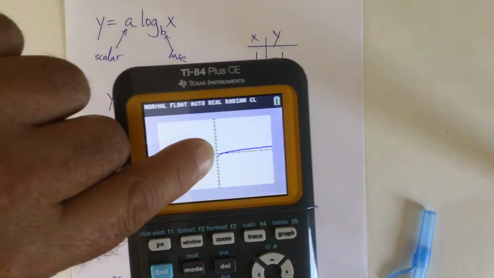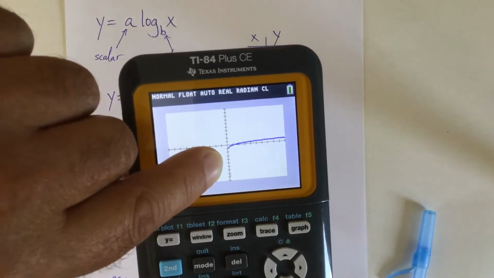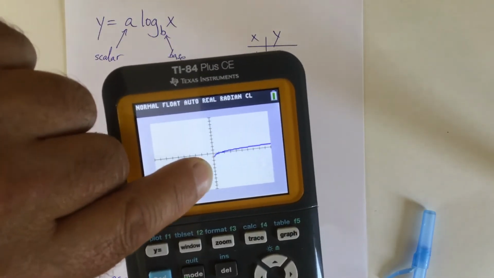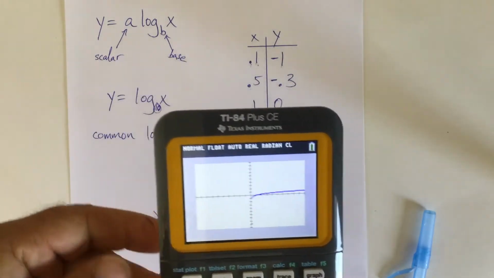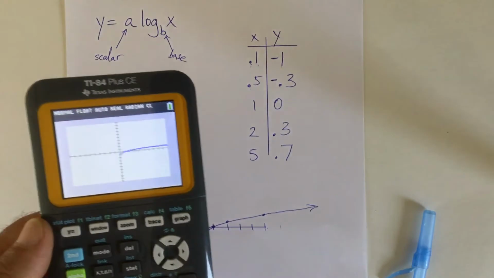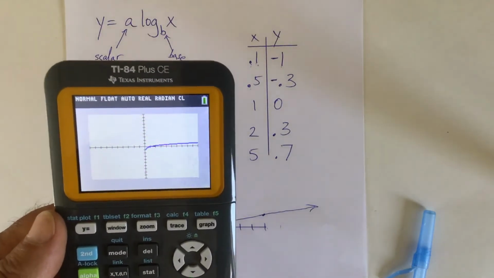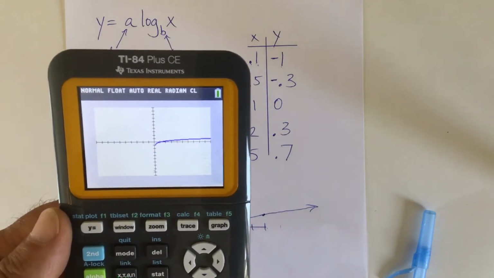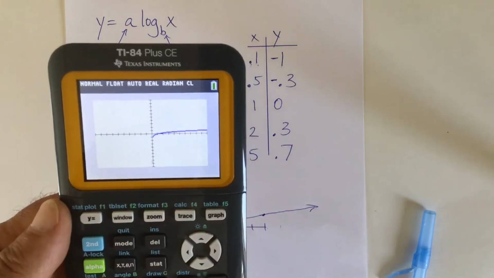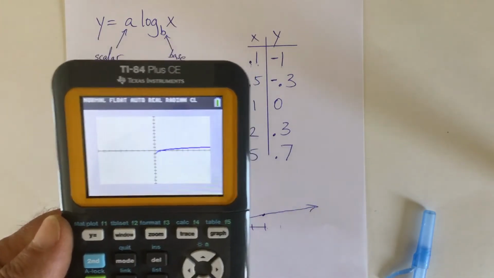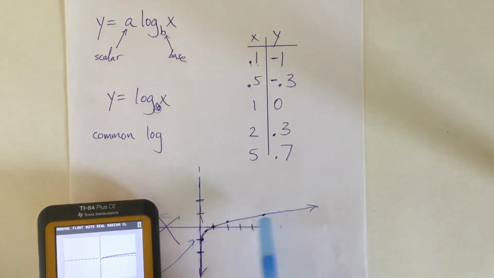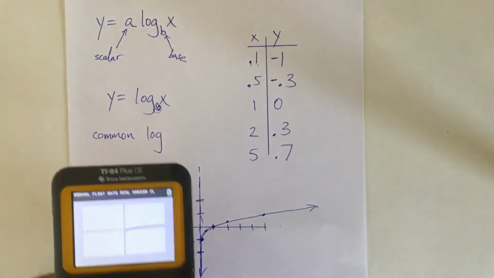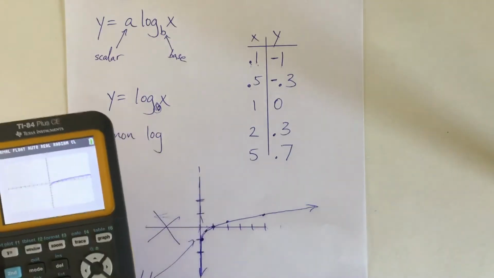When something's about to go vertical, your calculator goes, I don't know how to do that, and it stops. So be careful. Your calculator will lie to you on occasion because it does not know how to think. It only knows how to spit out numbers. So there's our graph. We can check it, just realize it won't show the vertical part.